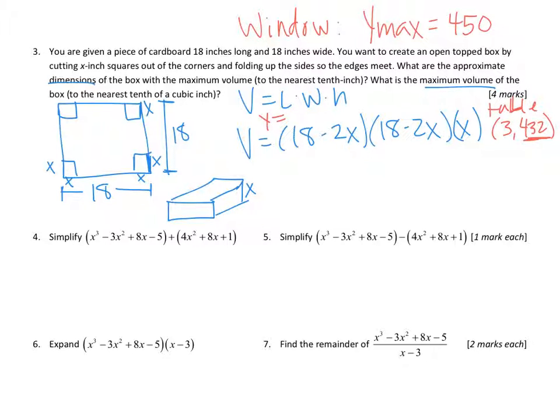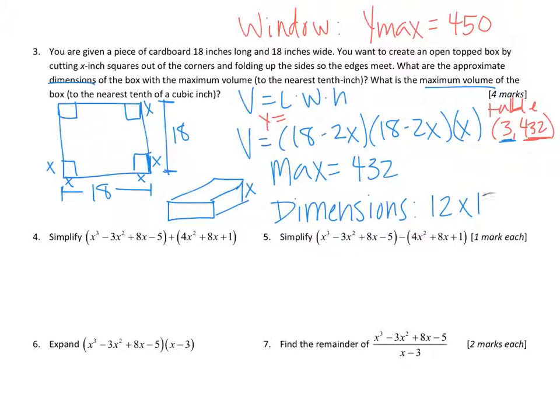So the maximum is at 432, which is when x equals 3. So the dimensions, we are just plugging in this 3 for all those x's. So 18 minus 6 is 12 by 12 by 3.